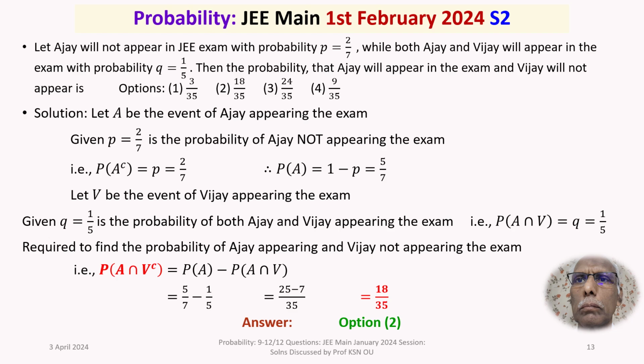And I am sure that you have understood the solutions of all the 4 questions in this video that we are talking about. And out of these 4, 2 are very easy and 2 questions are moderately difficult.